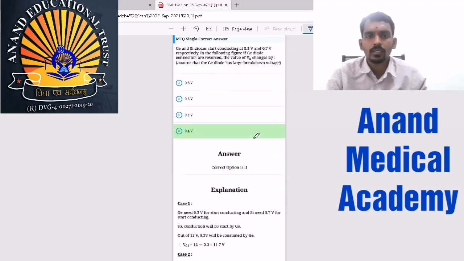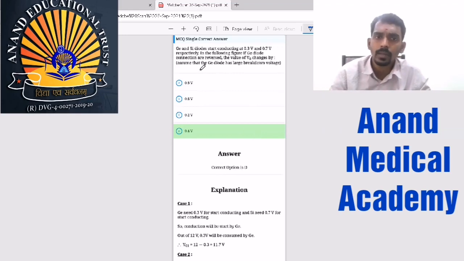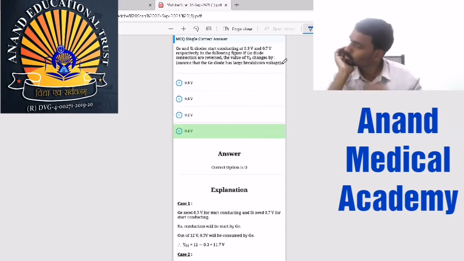Now this is also based on semiconductors. There is a particular barrier potential at which it starts conducting electricity. Based on that, we have two types, germanium and silicon. We have studied it, so just try to understand. And here in the question, germanium and silicon diodes start conducting at 0.3 and 0.7 volt.